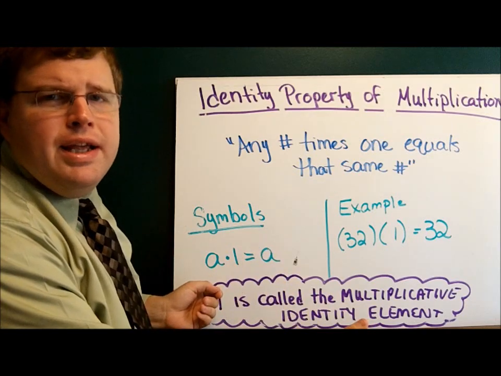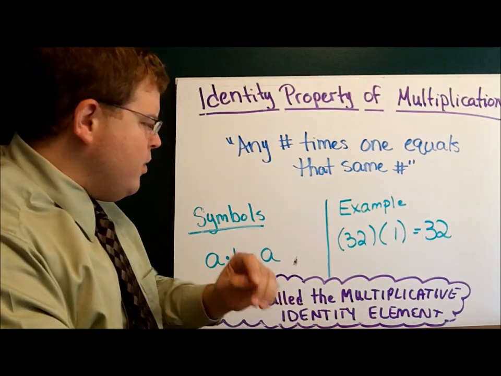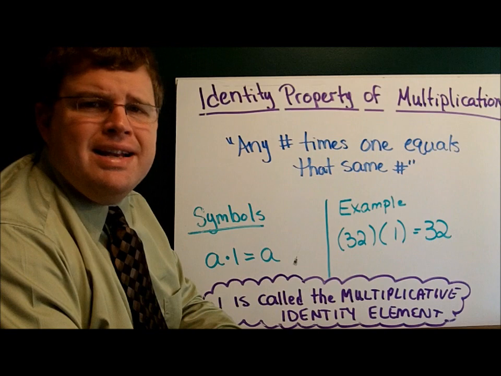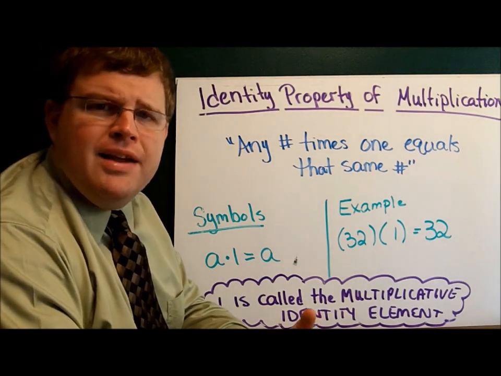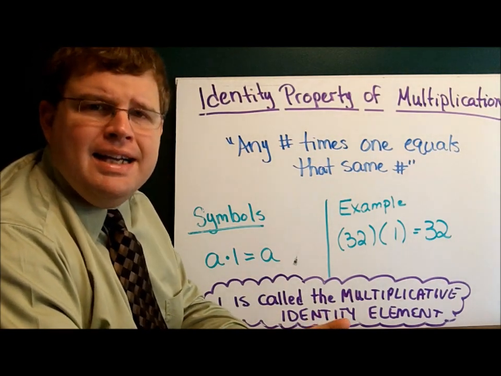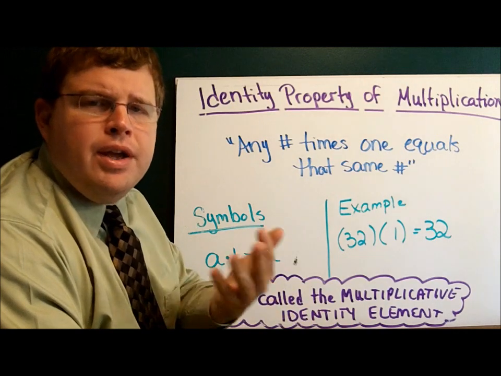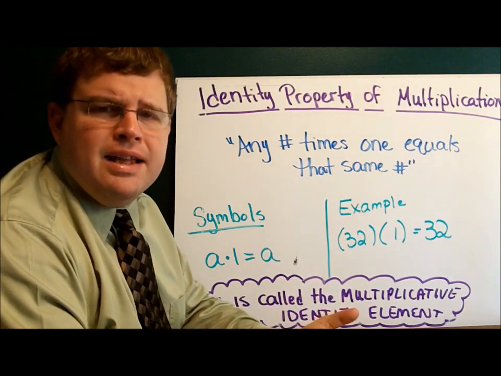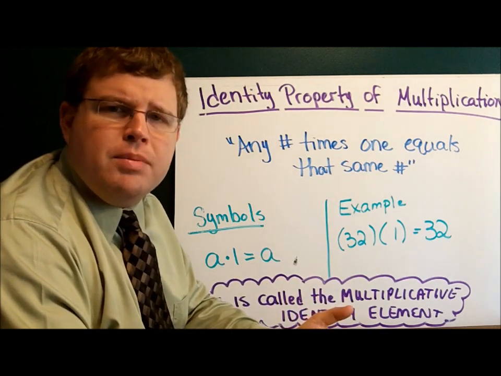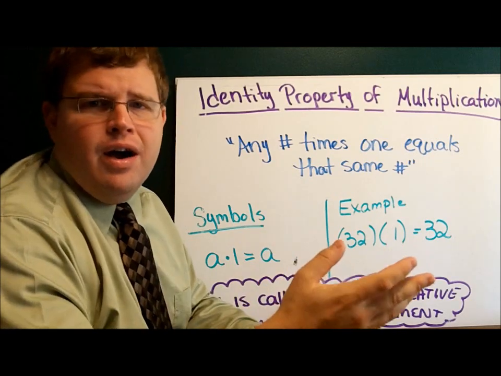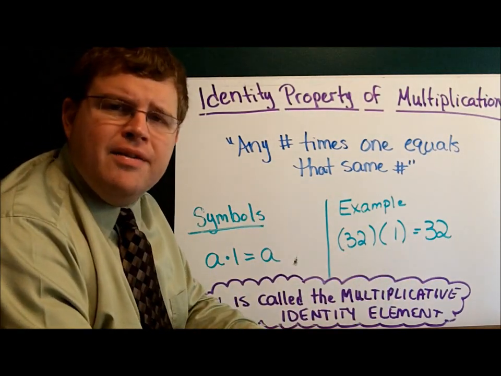A times 1 equals A. The number 1 is called the multiplicative identity element. Multiplicative meaning multiplication, identity meaning what you can do over and over and things don't change. You can multiply by the number 1 all day long. So 1 is the multiplicative identity element.